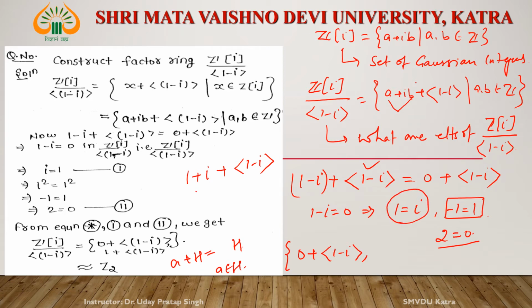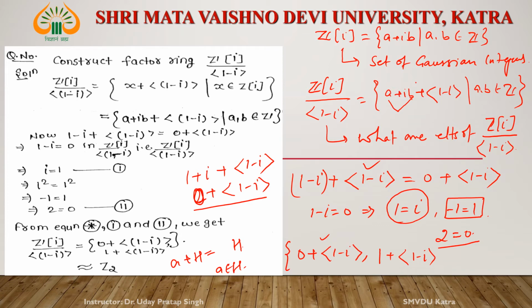If i is equal to 1, then this is 2, and what is 2? 2 is 0. So this is 0 plus the ideal (1 minus i), an element we already wrote. Then if we consider a equal to 1 and b equal to 0, then 1 plus the ideal (1 minus i). This is the second element.